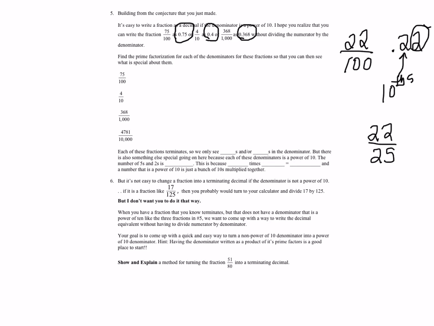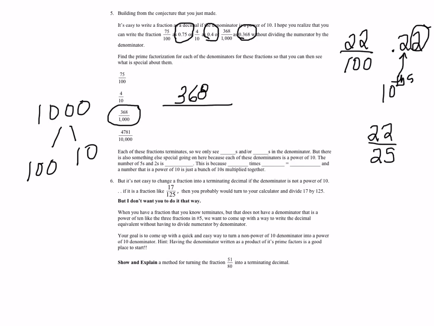So the next thing that you're supposed to do, and again, this is exploration so that you can try to figure something out, is to write these fractions in prime factorization. So I'm doing 368 over 1,000. So factor tree again. So this would be 100 times 10, which would be 5 and 2.